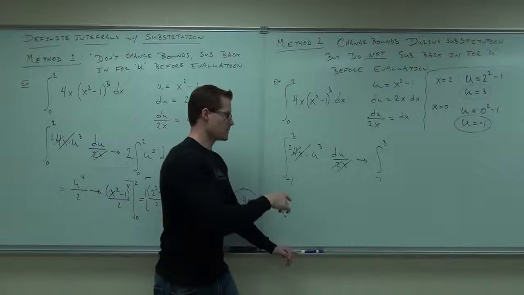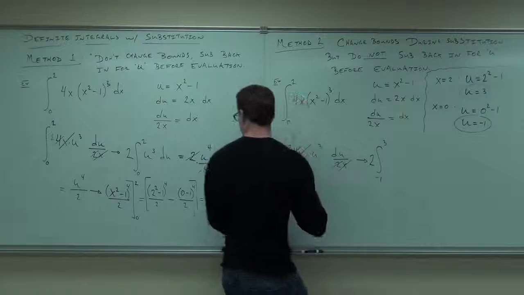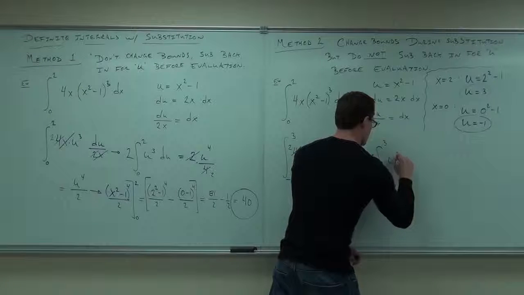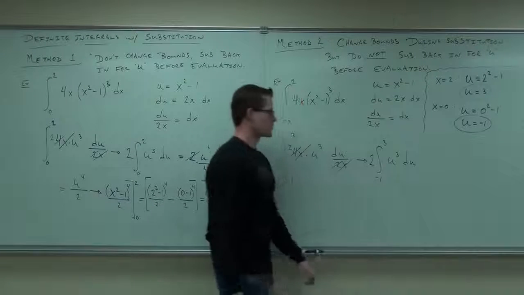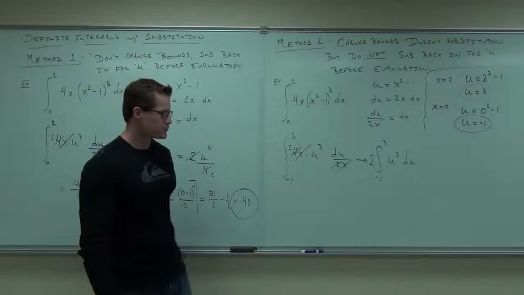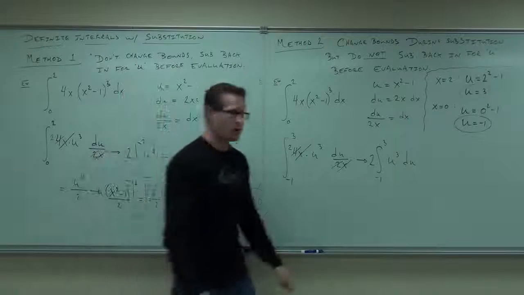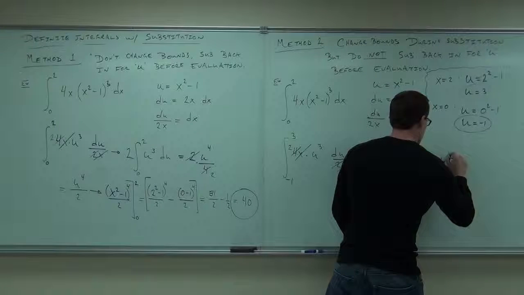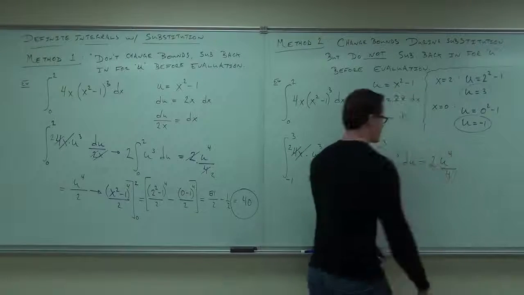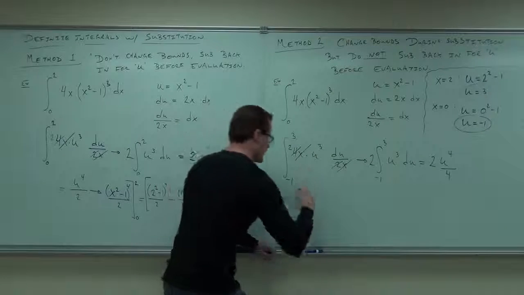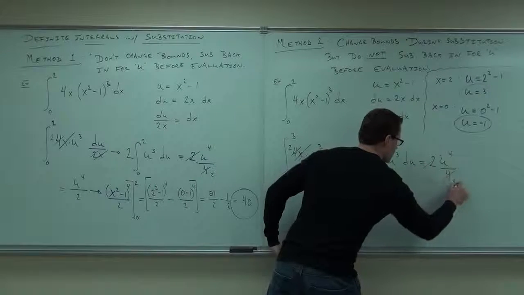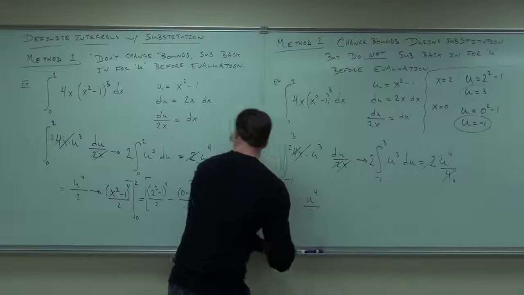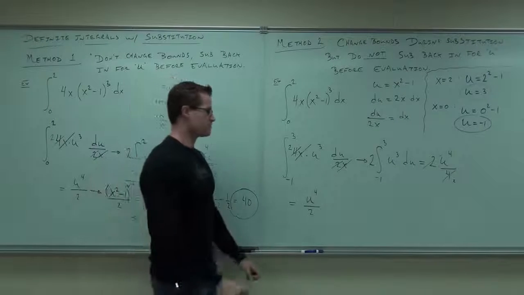So negative 1 to 3 will still pull the 2 outside. u to the third du. Hey, we even do the integral the same way. We're going to get 2 times u to the 4th over 4. And we'll simplify that: u to the 4th over 2.